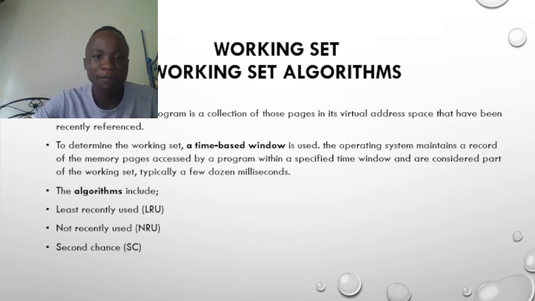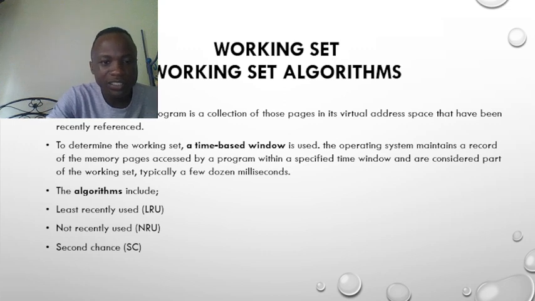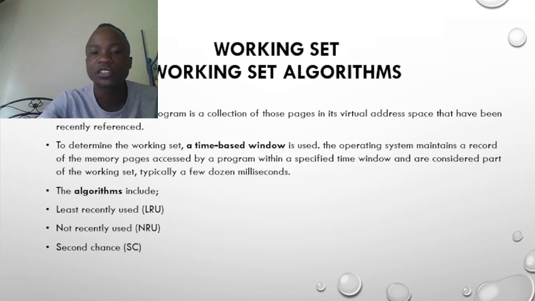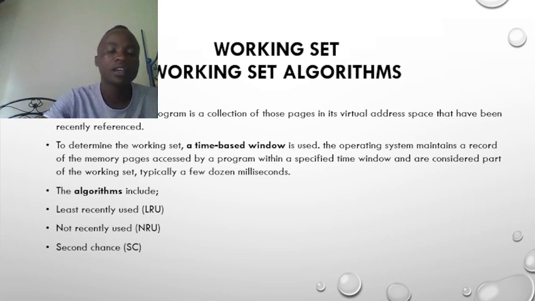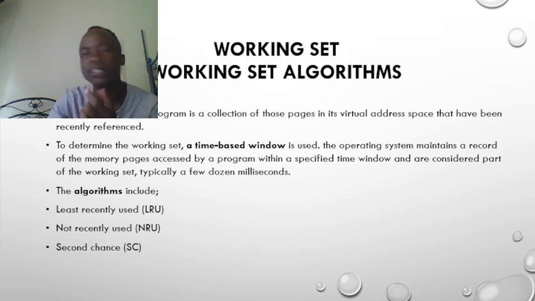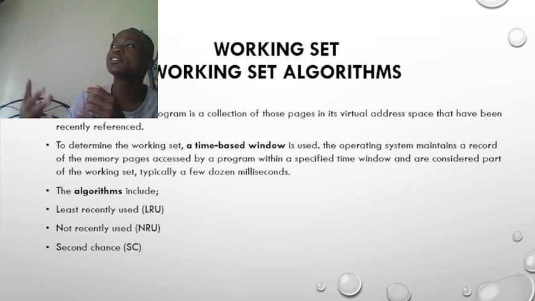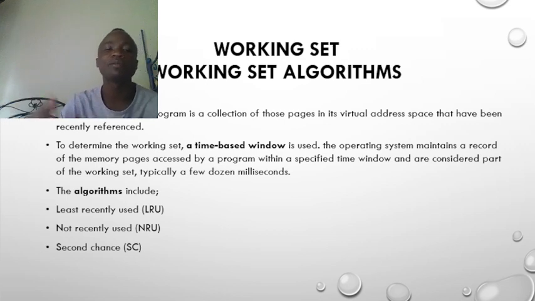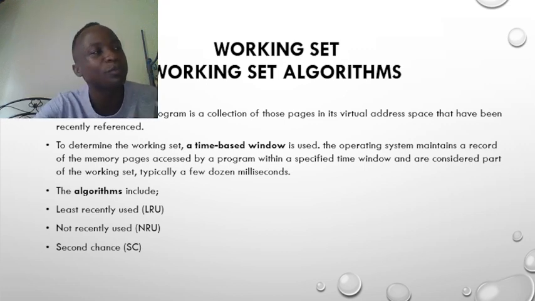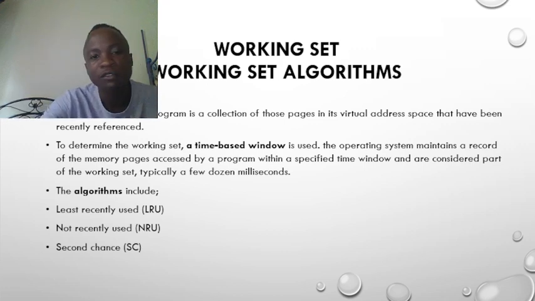The algorithms include least recently used, not recently used, and second chance, which are the algorithms the CPU follows in order to execute programs. With least recently used, the CPU reasons that it should utilize those resources which have been redundant and available but have not been utilized.